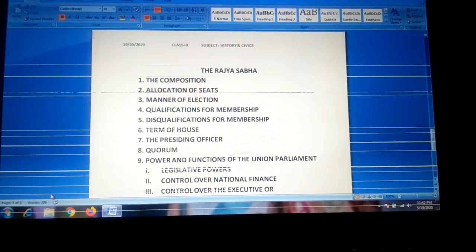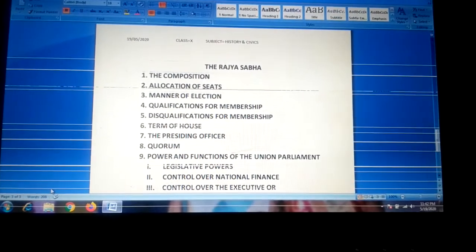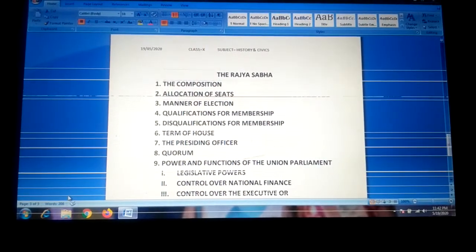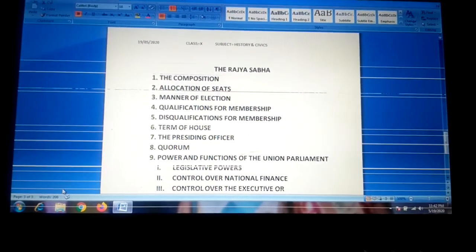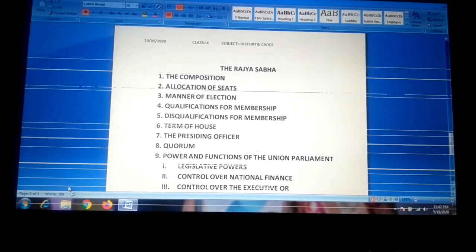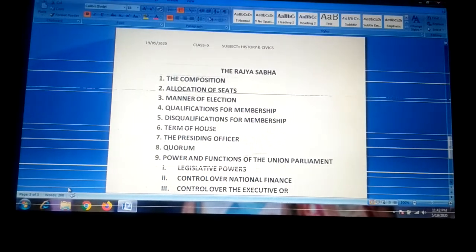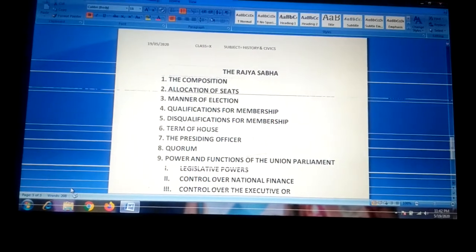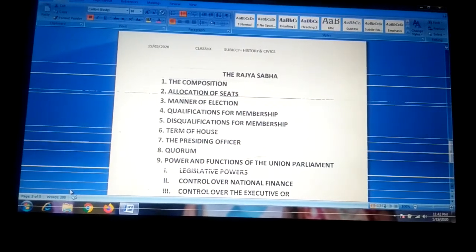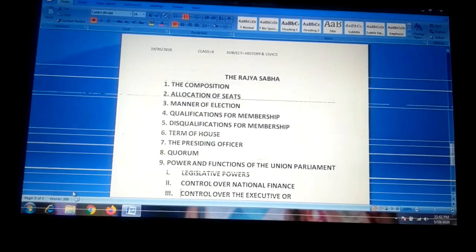In this class, we have to know about the quorum of this house. Quorum of this house: 1/10 of the total number of members. Already we know that for the Rajya Sabha, if at any time during the meeting there is no quorum, the presiding officer has to adjourn the house and suspend the meeting until there is a quorum.